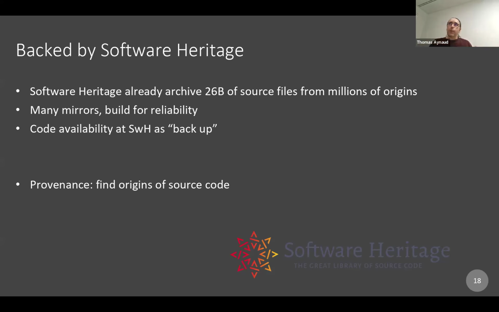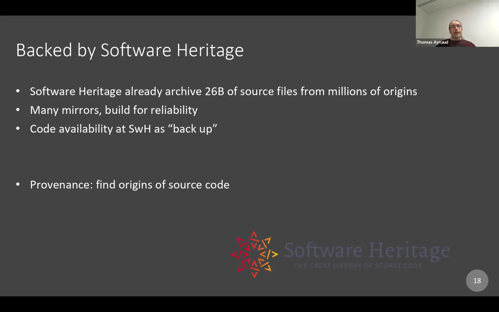For instance, we have a mirror in France. It's the main archive, but we have a copy of the archive at different cloud providers, Amazon or Azure, for instance, and we have copies of the archive at different universities also in Europe, one in Greece, one in Italy, and soon one in Germany. So it's built for reliability.